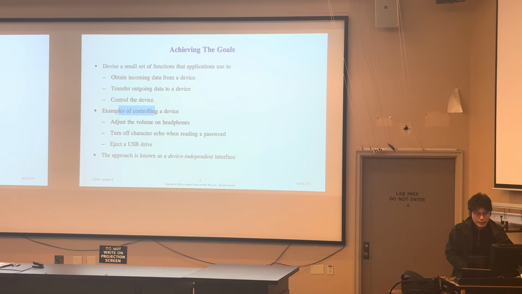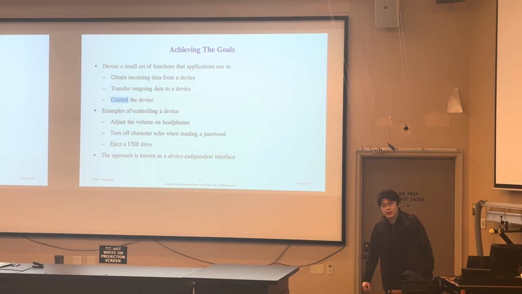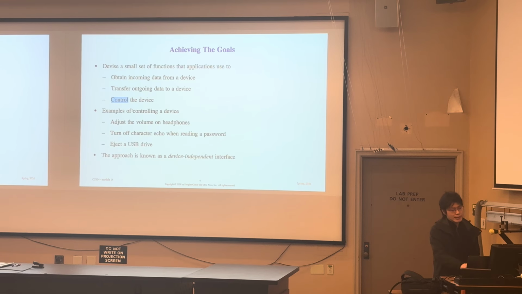Examples of control: you can adjust the volume in your headphones. You can turn off character echo when reading a password, so your password does not show on the screen. And you can eject a CD drive. So these are examples of control. It also shows that control is an ad hoc interface of device drivers.